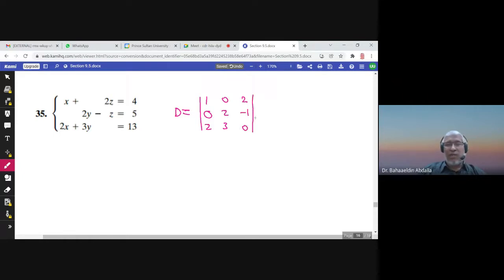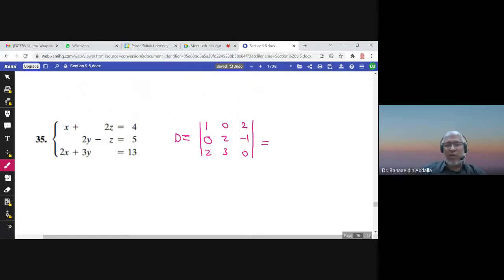Let me find this determinant. Well, let me use the first column. The signs of the first column are positive, negative, positive. So it's 1 times 2, negative 1, 3, 0. There is no need to write the 0.